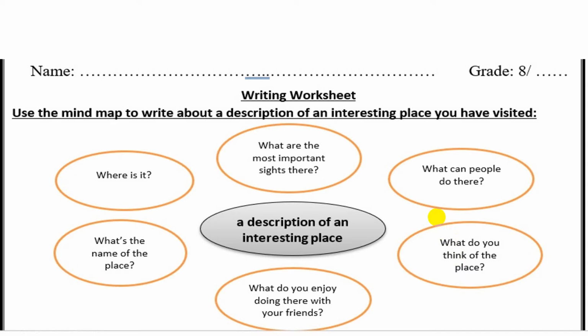Then, what do you enjoy doing there with your friends? For example, we enjoy watching movies, and we enjoy going for a walk. What is the name of this place? Mention the place name here. And then, what are the most important sites there? Okay, done with this part.